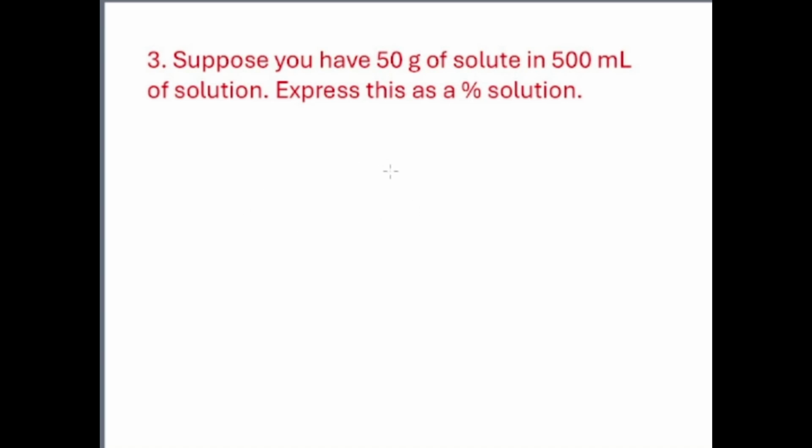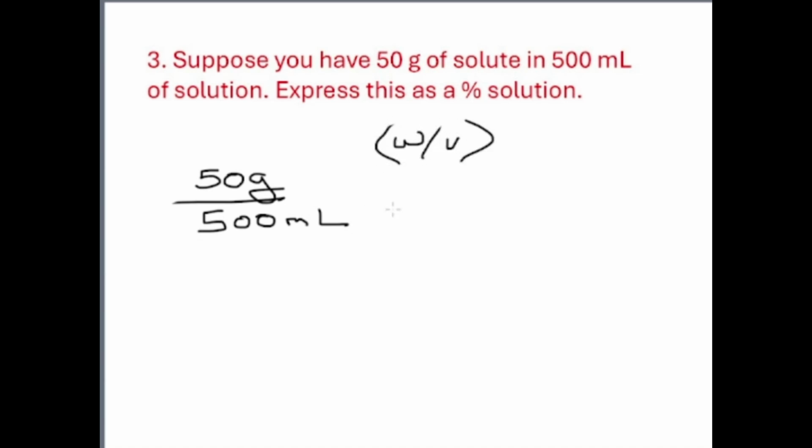Suppose you have 50 grams of solute in 500 mils. Express that as a percent solution. Well, all right. We know that we have 50 grams per 500 mils. And we know, by the way, that this is going to be a W/V solution.